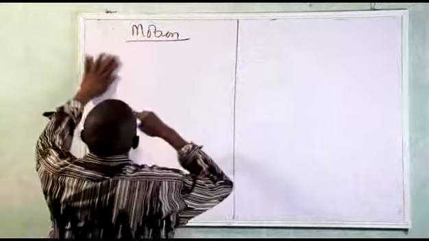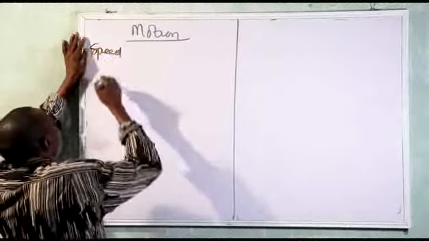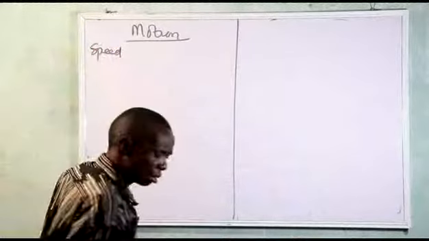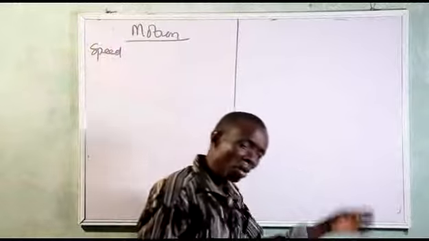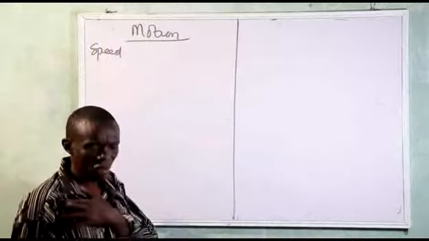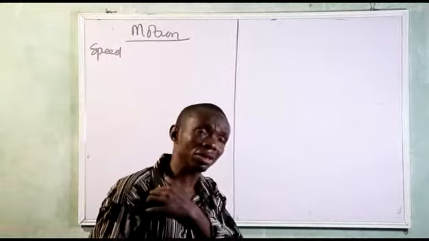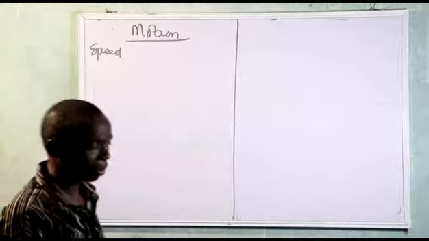Without wasting time, I want to explain what speed is, uniform speed, total speed, what velocity is, average velocity, total velocity, what acceleration is, uniform velocity, uniform acceleration, total acceleration.